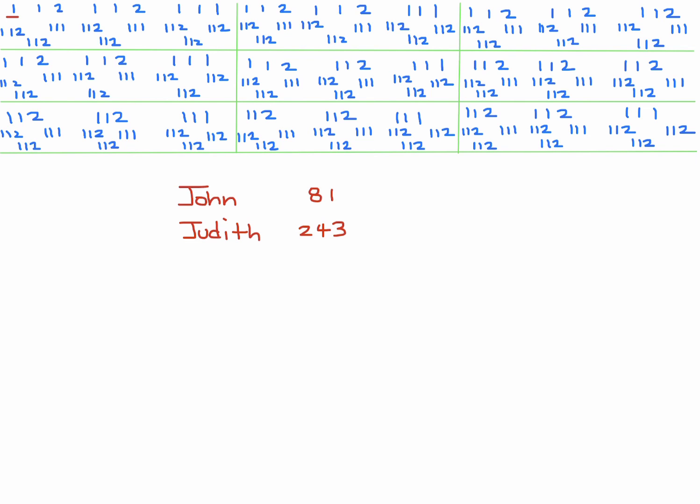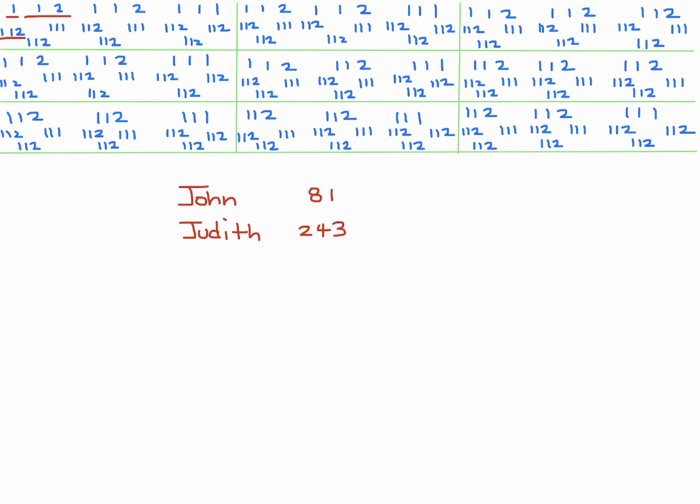Starting from the very beginning, his very first number is 1, and therefore Judith writes 1, 1, 2, right? That's the rule. Since Judith's first 3 numbers are 1, 1, 2, that must be John's first 3 numbers, because the first 2187 digits for both John and Judith must be the same.